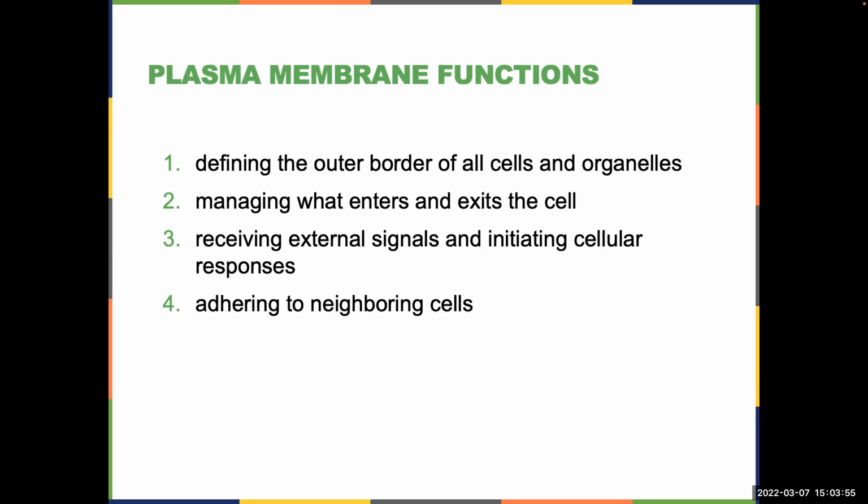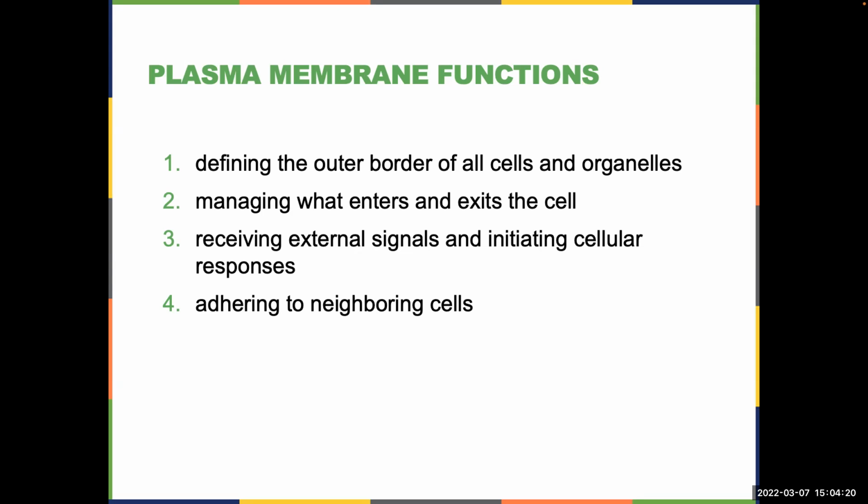Okay, plasma membrane functions. As you know, every single cell has a plasma membrane. It defines the outer border of cells, and if it's a eukaryote, which we'll be focusing on today, just eukaryotes, then the organelles are also lined with plasma membrane.